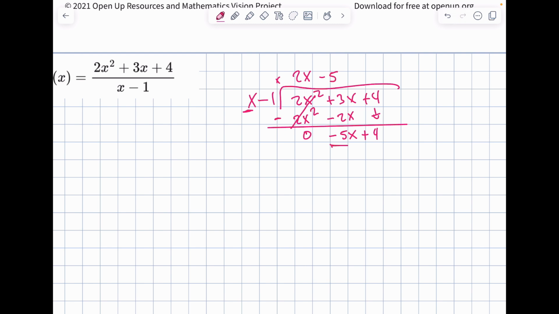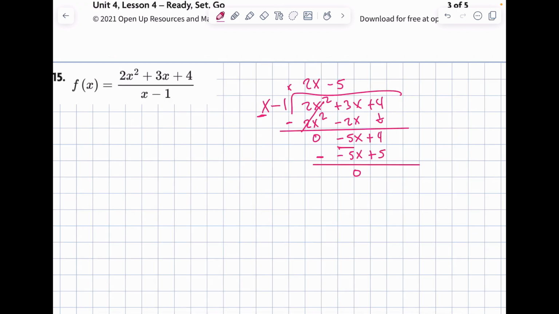Oh, something happened. Let me fix that. 2x times -1 is minus 2x, subtracting these out.